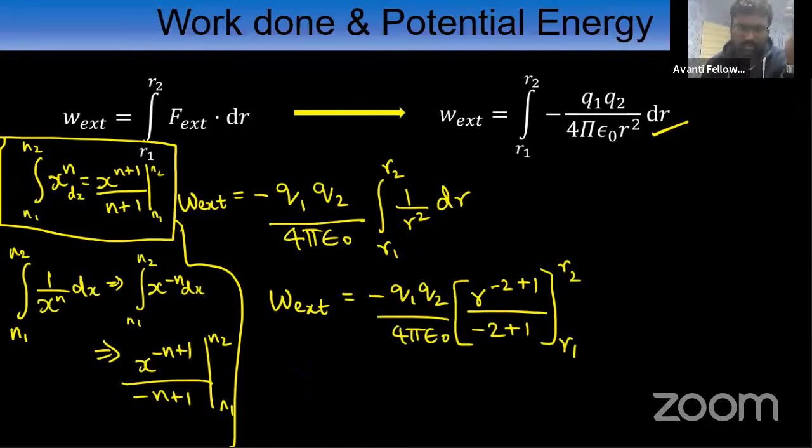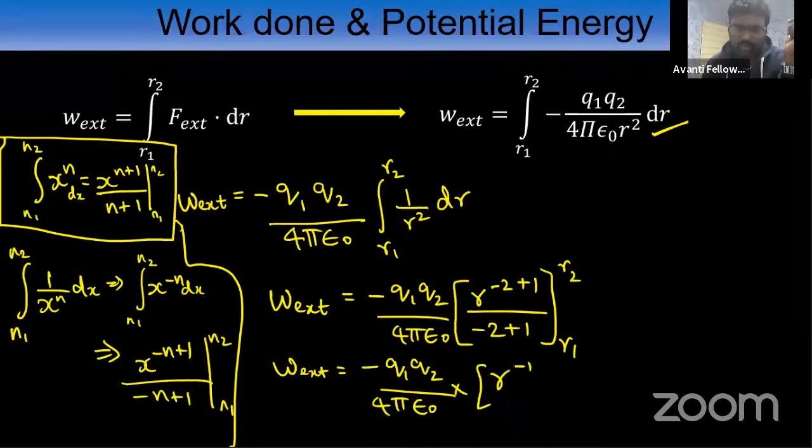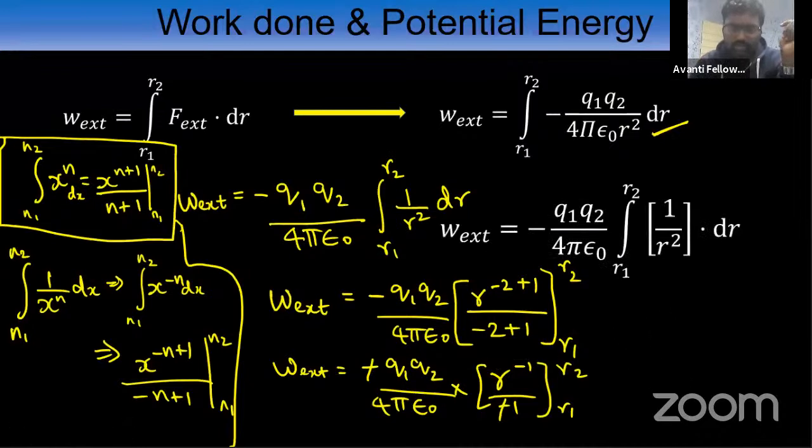If you solve this, W external is equal to minus Q1 Q2 by 4 pi epsilon naught into R power minus 1 by minus 1. This negative term and this negative term will cancel. Next, we have the final result. I hope you guys have understood this.